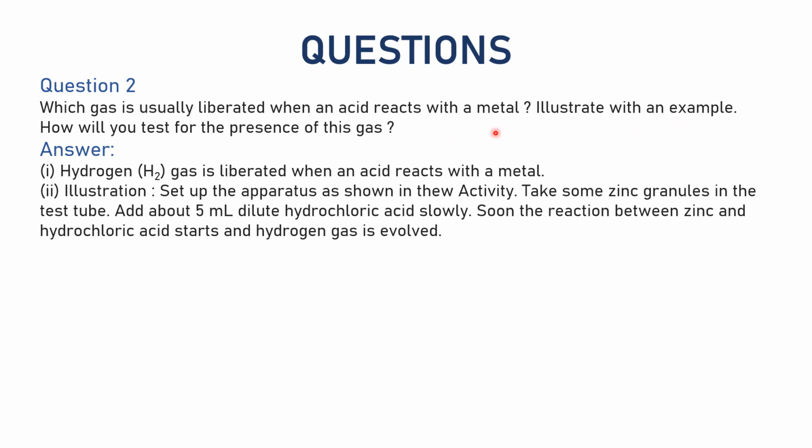So for the illustration, the answer, in Activity 2 we did this illustration. That means a diagram was drawn. The same diagram you have to draw, and then you have to write the whole procedure, and what you observed at the end of this activity, right?